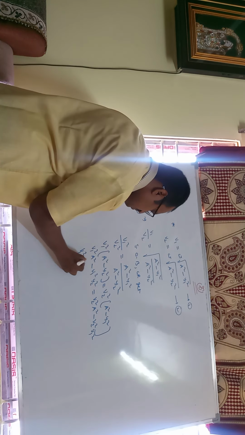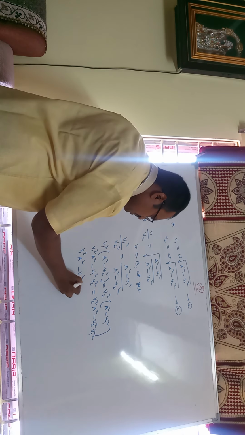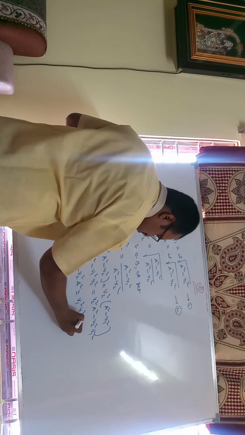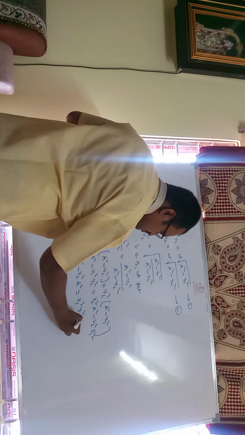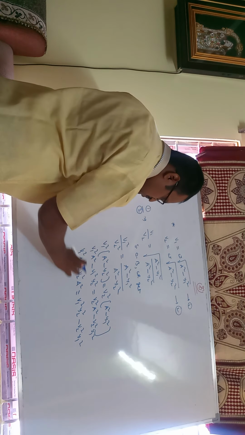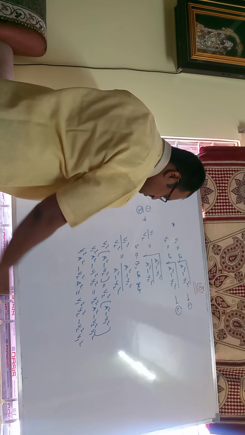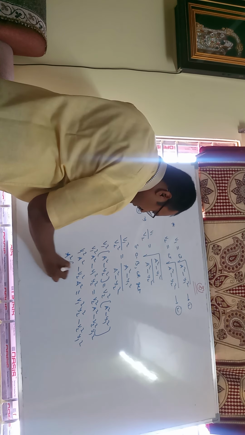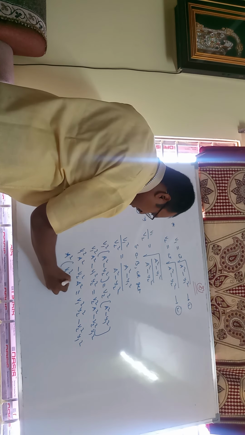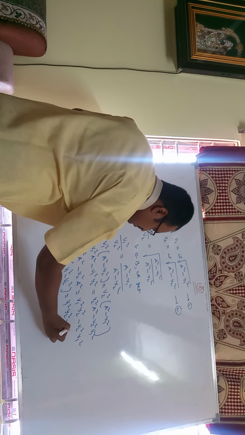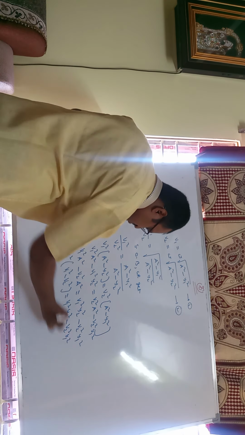So v1 square into a square minus v2 square into a square equal to v1 square into y2 square minus v2 square into y1 square. In both terms on the left, a square is common. Take a square common: a square into v1 square minus v2 square equal to v1 square into y2 square minus v2 square into y1 square.